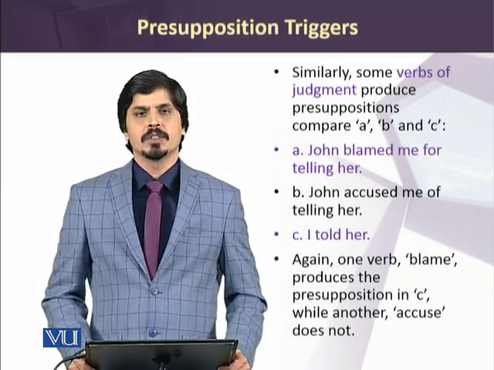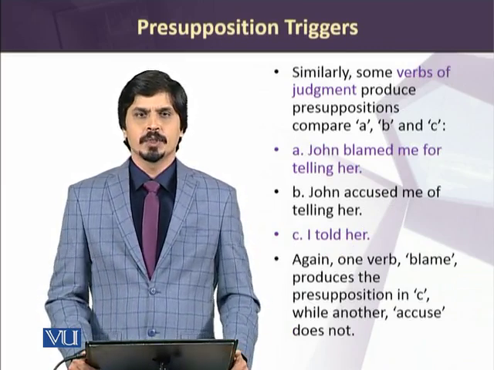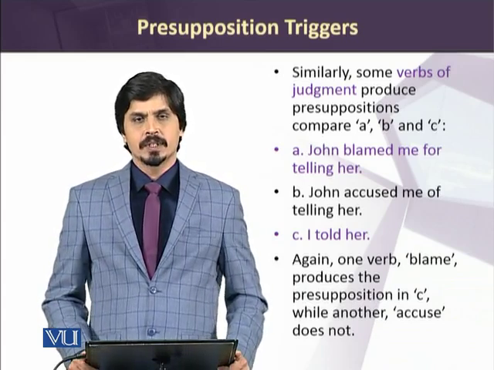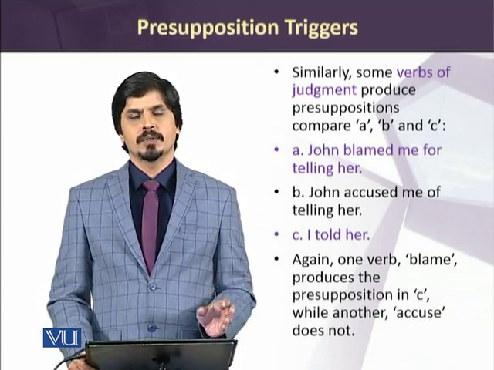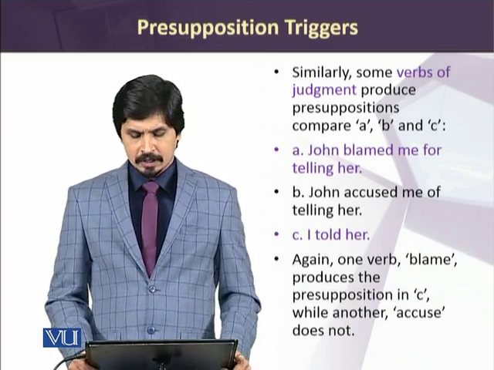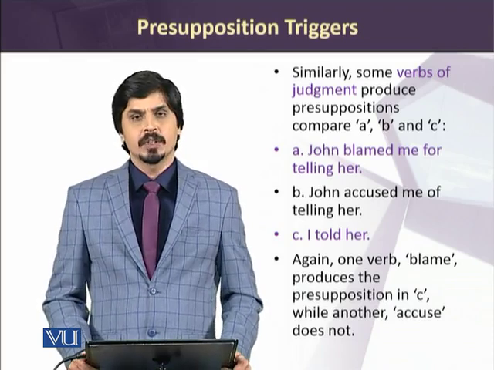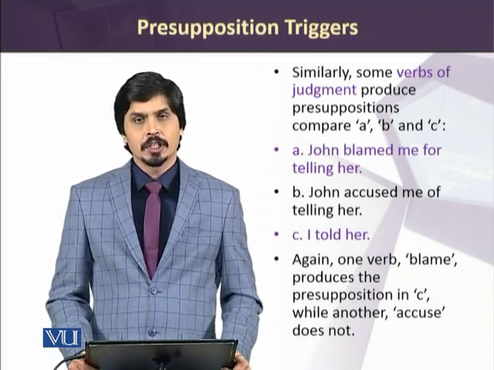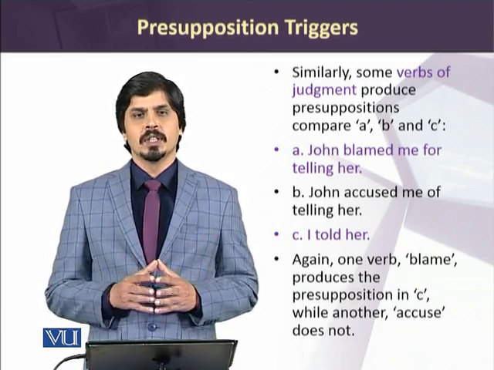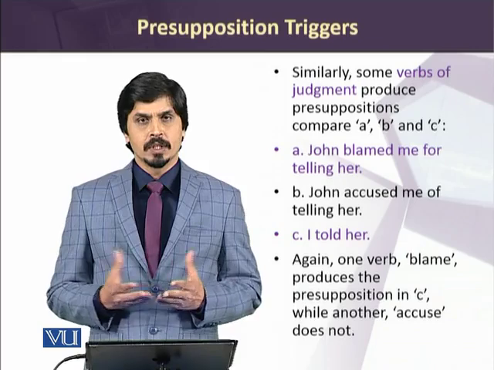Some other verbs, like those of judgment, can also presuppose certain things. If we look at the examples in front of us in the form of A, B, C sentences, we can see the first sentence: John blamed me for telling her. John accused me of telling her. The first is based on a kind of judgment verb.